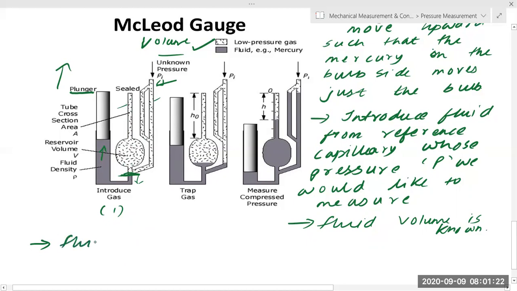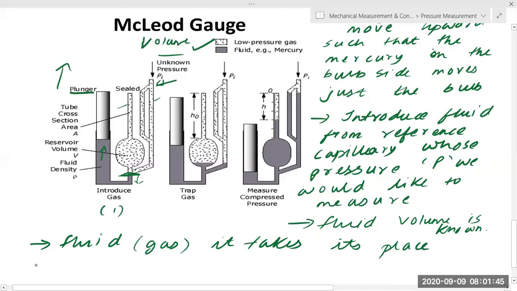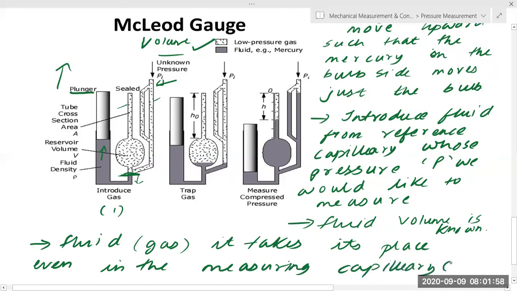Since the fluid is a gas, suppose we take a gas, when it enters from the reference capillary, it takes its place in the measuring capillary as well as in the bulb.